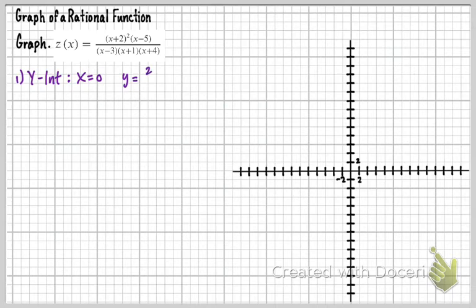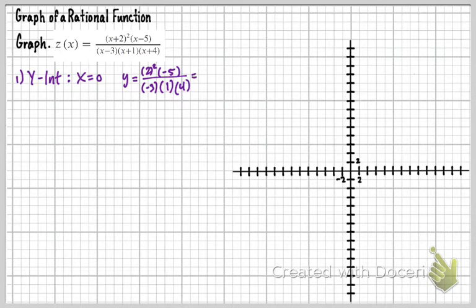And that's going to be 2 squared times -5 all over -3, 1, and 4. So all I did here was plug in 0 for x. So that's going to be a 0, that's going to be a 0, and 0, and 0. And that's what we see down below here.